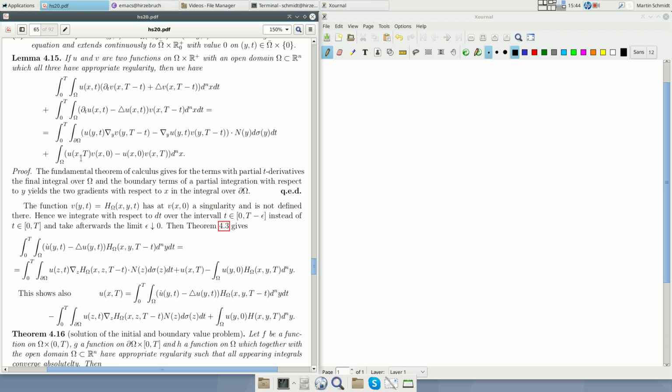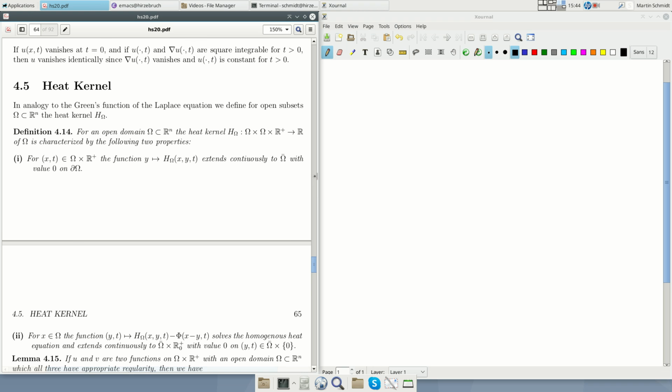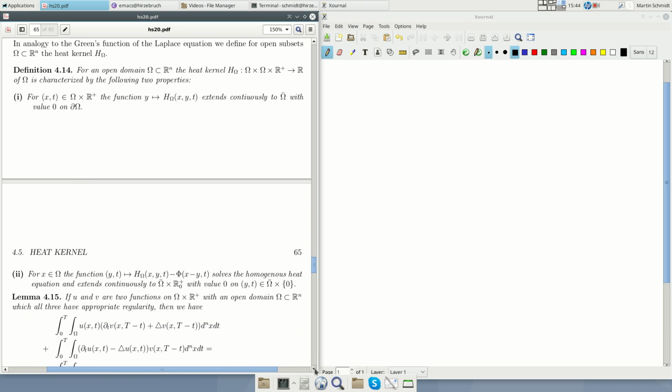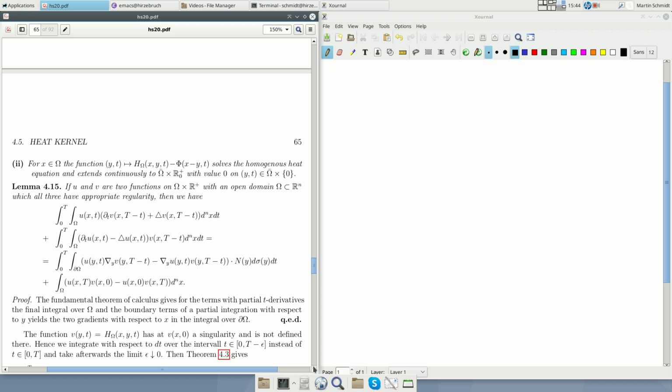Okay, and in the limit epsilon goes to 0, by the second property, by this property, and by Theorem 4.3, which gives us the solution of the initial value problem, the convolution with the fundamental solution gives a solution of the initial value problem.